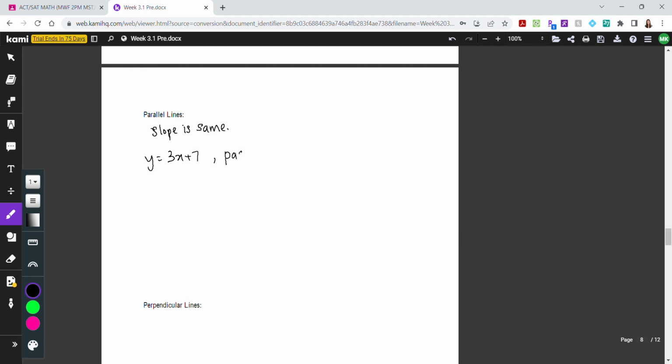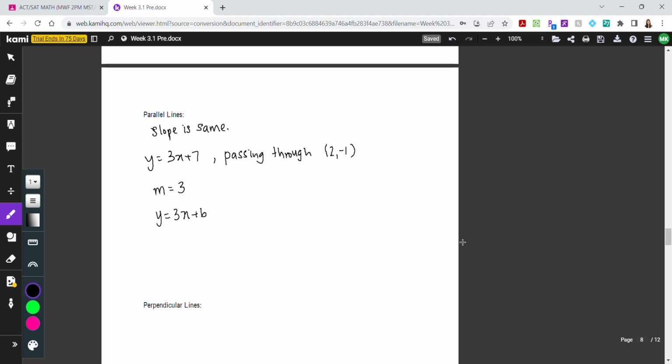Normally instructions are like, find the equation of the line that is parallel to y equals 3x plus 7, and it passes through the point 2, negative 1. Because they are parallel, and we know the slopes are the same, we instantly know that their slope is going to be 3. So it means we can write our parallel line as y equals 3x plus b.